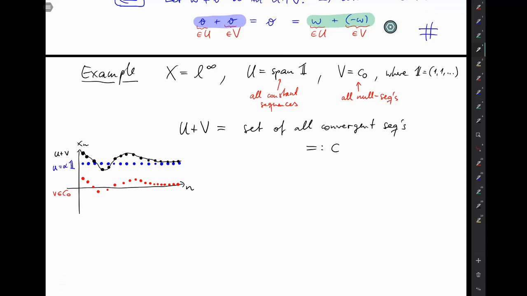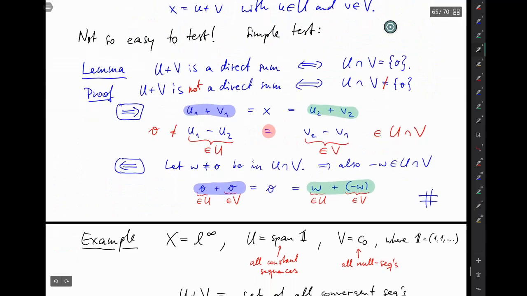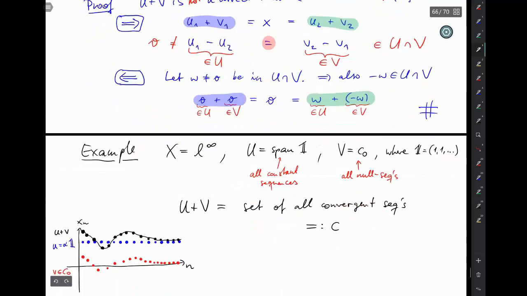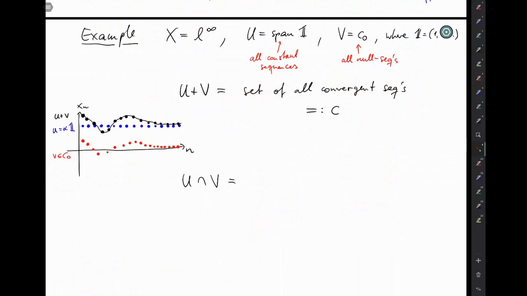Okay, so the sum of U and V is something much more interesting now than in the previous examples. But is it also a direct sum? Well, we can just check whether it is subject to our test from the previous lemma. So we only have to check that the spaces U and V intersect in nothing but the 0 element. This intersection contains all sequences that are constant and converge to 0.